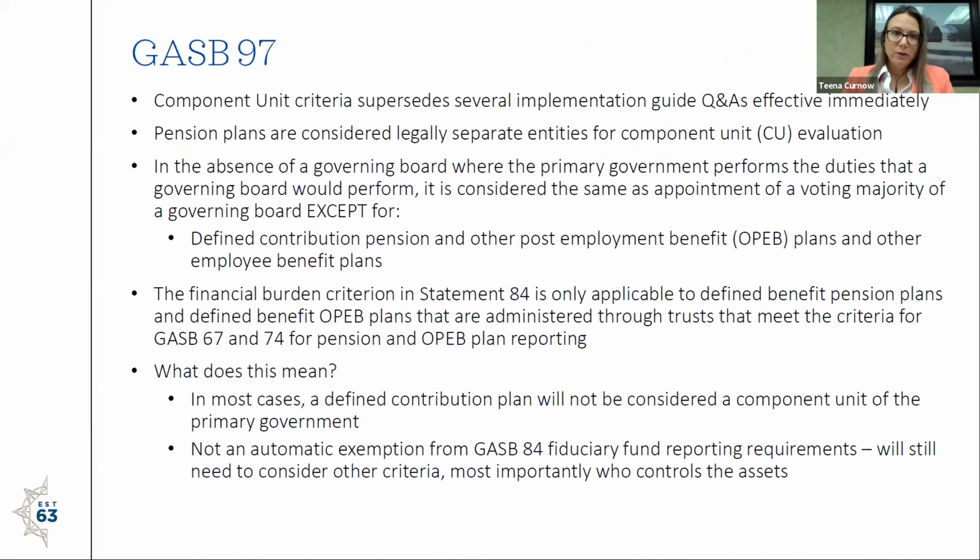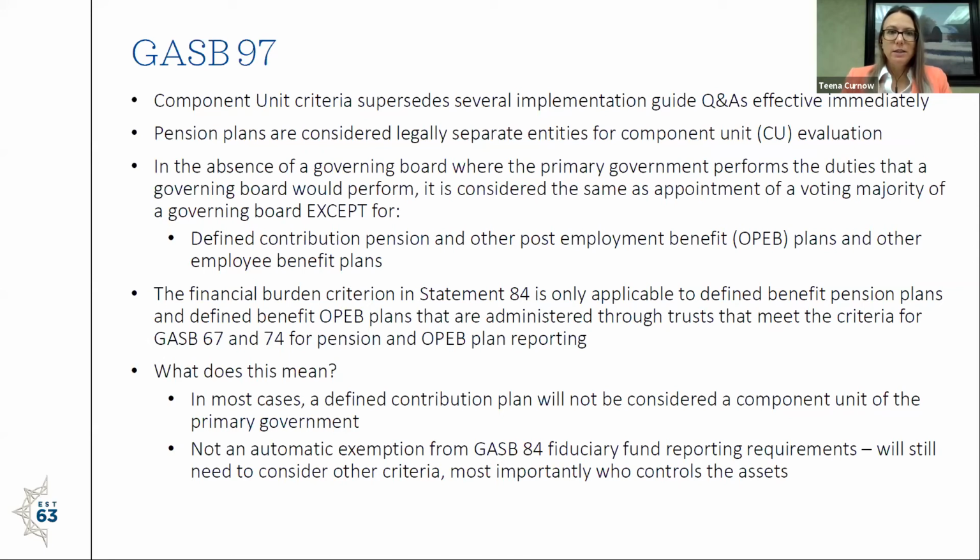In this standard, the component unit criteria supersedes several implementation guide Q&As effective immediately. And essentially what that means is when the pension and other post-employment benefit standards came out in recent years, there were subsequent follow-up Q&As to try and help expand on the information that was included in those standards, information that was missed in those standards, clarification of information.